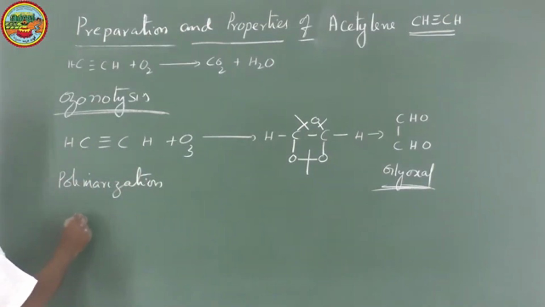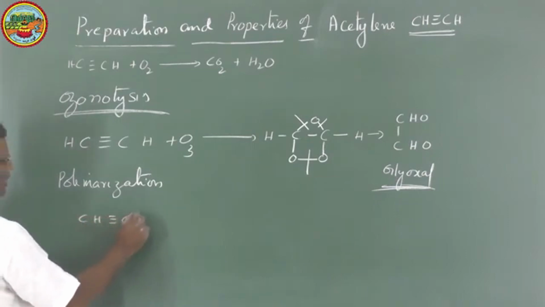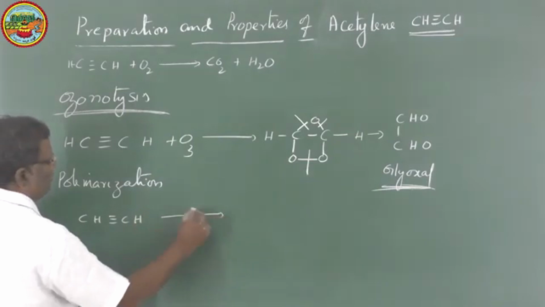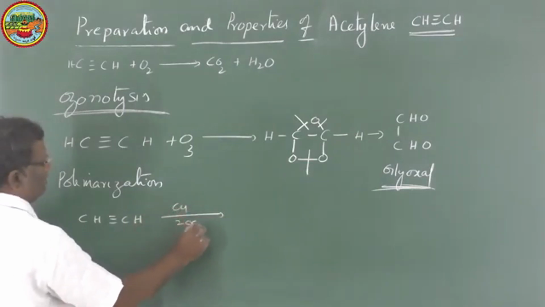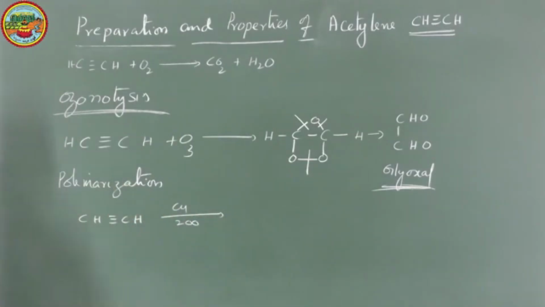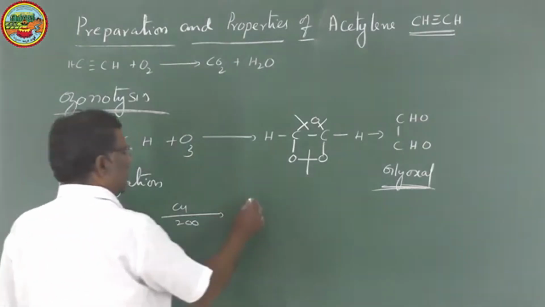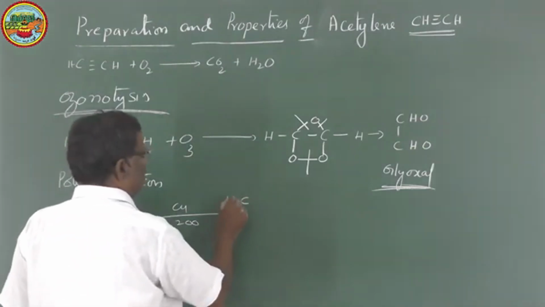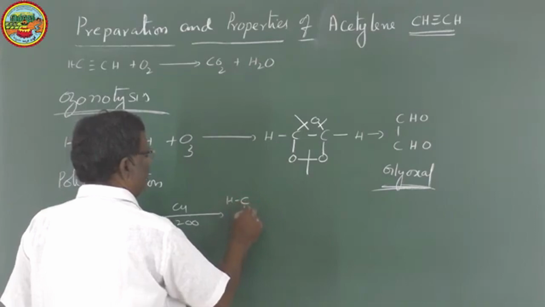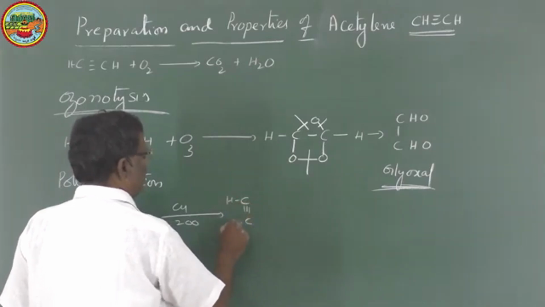Here, when acetylene is passed through copper tubes at high pressure and 200 degrees centigrade temperature, three acetylene molecules react. This is one acetylene molecule, a triple bond is there.